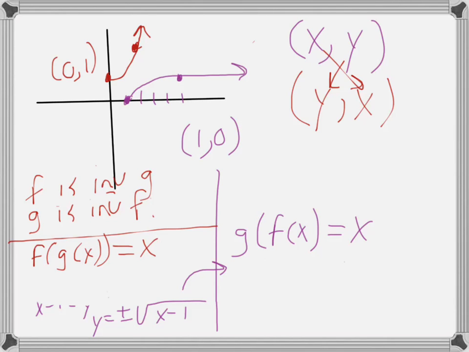Just x, right? So those two facts right there are going to help us when we take the derivative. Okay, well, let's see what this really means. Let me just hone in on this fact right here.